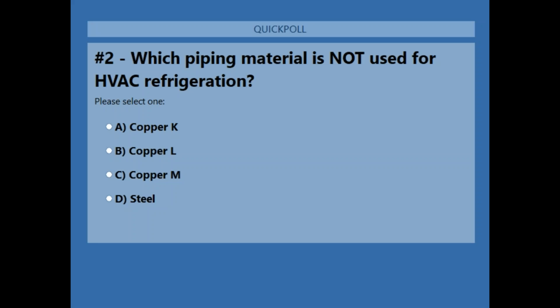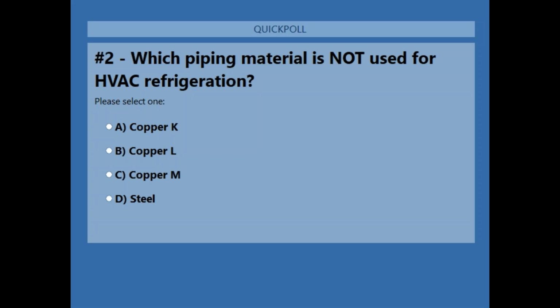In regards to the face split arrangement and the row split arrangement, did you say the bottom coil on face split is first on and first off, and then on row split, the discharge side of the coil is first on and first off? Okay, so again, we'll look at this coil right here.